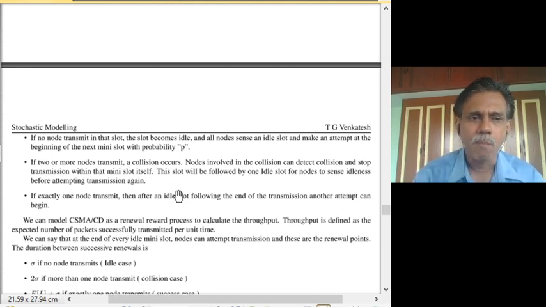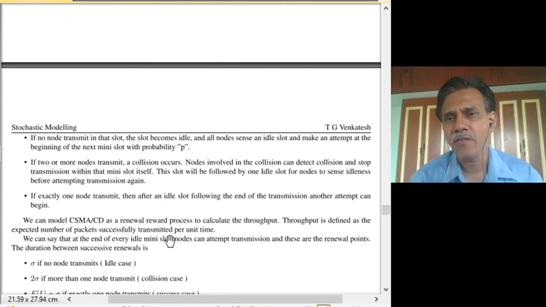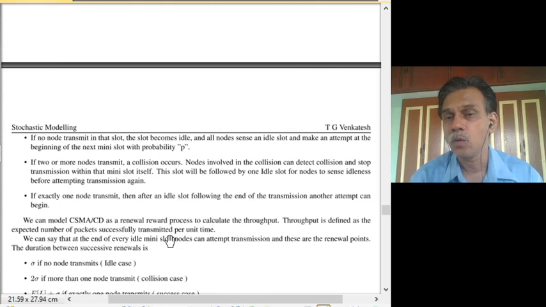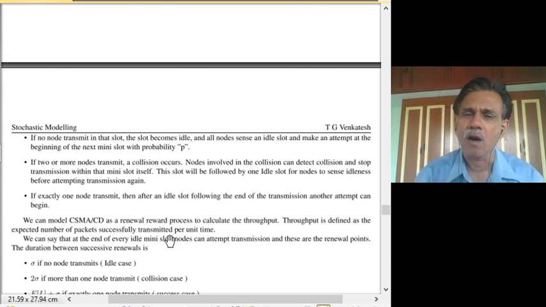To do that, we will model CSMA/CD as a renewal reward process. So we have to identify points at which the process renews itself, wherein we don't need to remember the history. Suppose there is an ongoing transmission. At that time, we need to remember the history to know at a future time what will happen, whether there will be an idle mini slot, a collision, or a successful transmission.